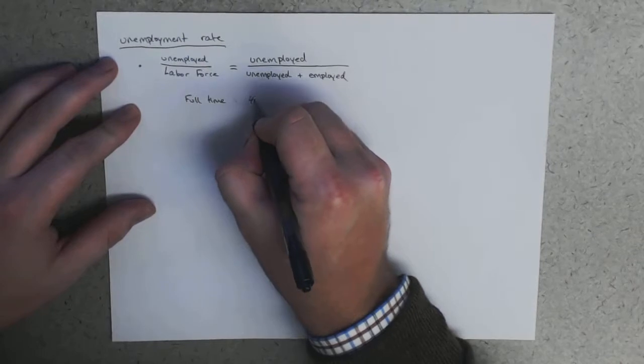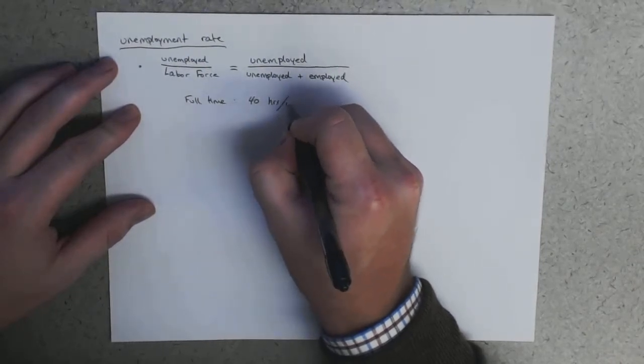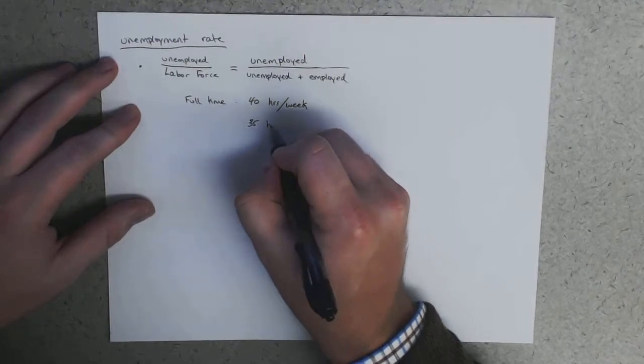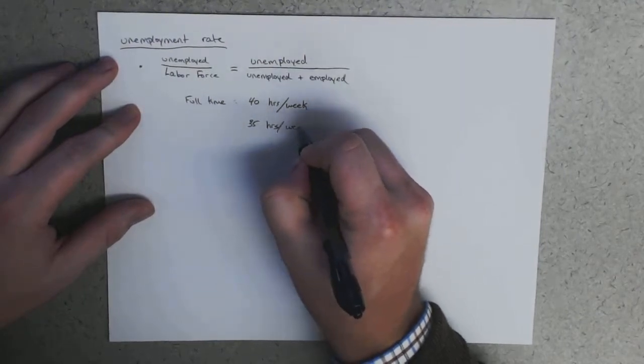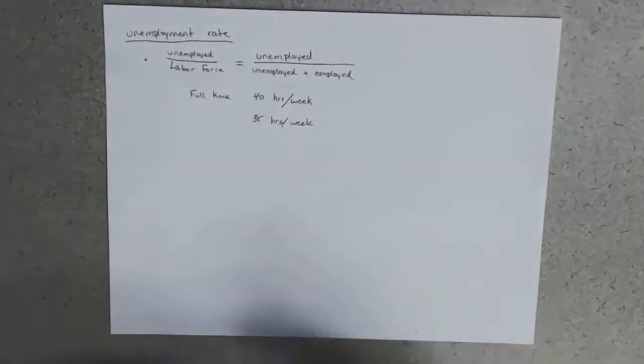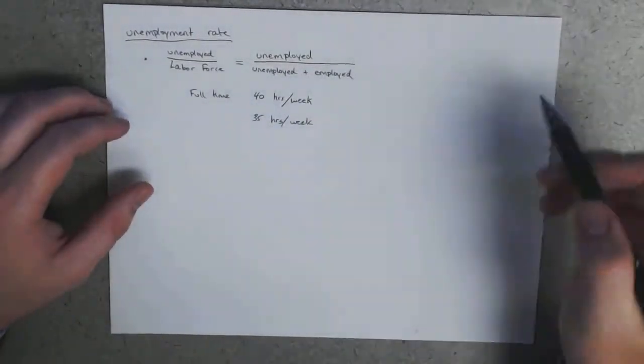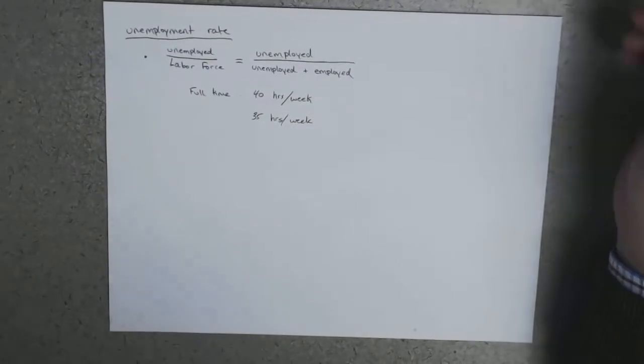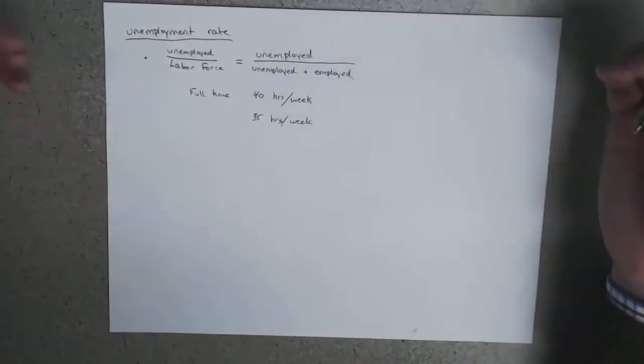Also known as 40 hours per week or 35 hours per week, I think was the number we used to use. All right. And so if you were working 35 hours per week, you were counted as employed. And we would do some fancy math and say, let's use 40 since it's simpler.